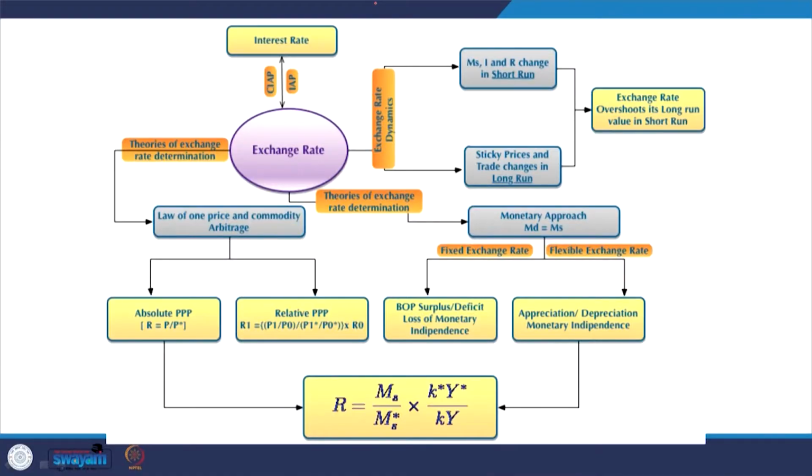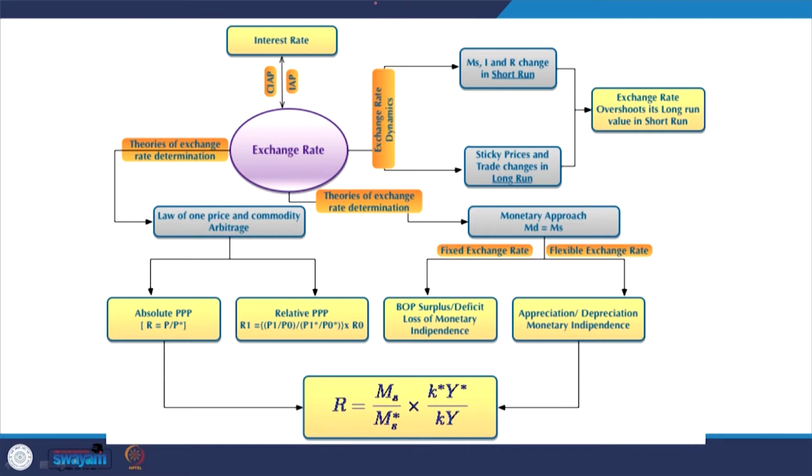Then some aspects like exchange rate overshoot, its long run value and short run value. Then there is the connection of this with fixed exchange rate and flexible exchange rate. Then how monetary and fiscal policies are effective, we will emphasize in due course of our lectures.